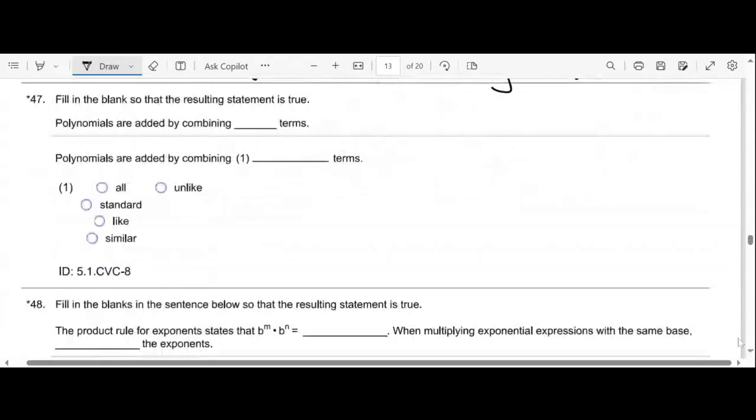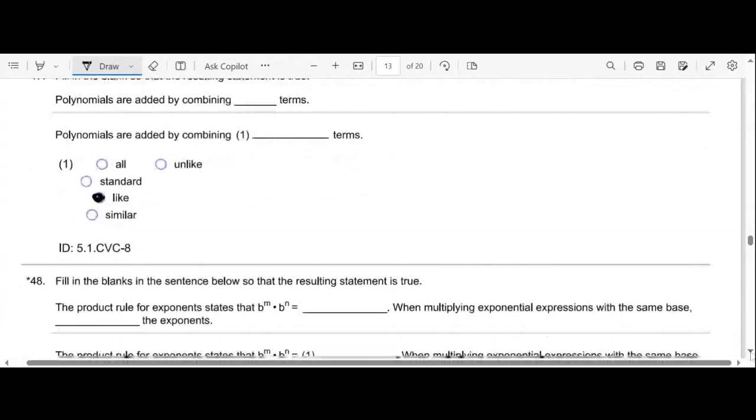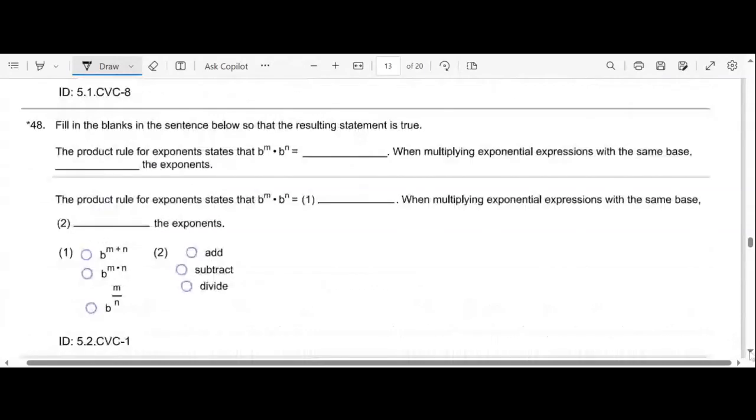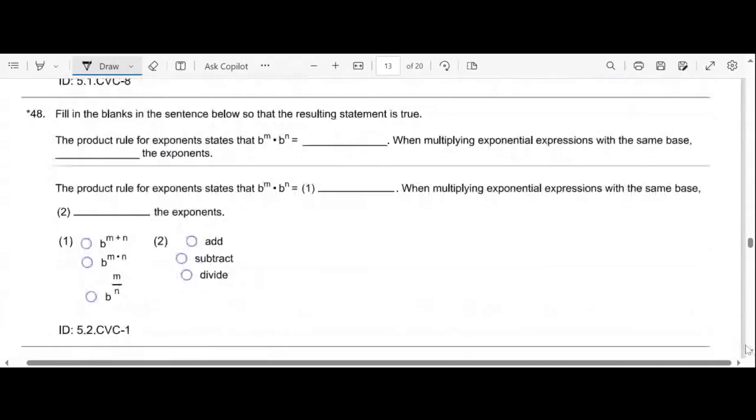Polynomials are added by combining like terms. The product rule for exponents states that b to the power of m times b to the power of n. Since this is multiplication, it's called product. Product means multiplication. We add.